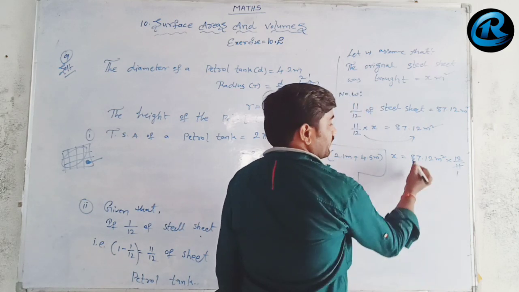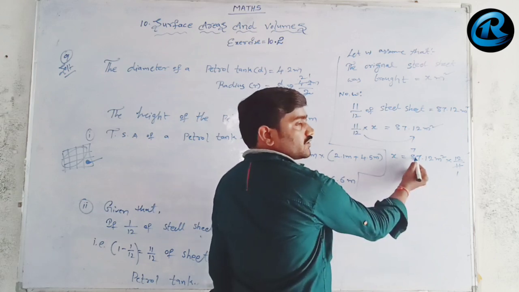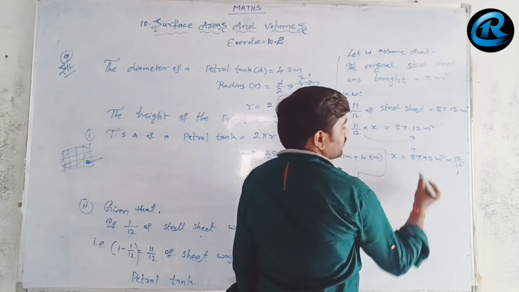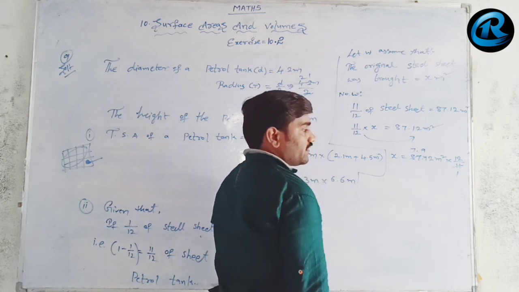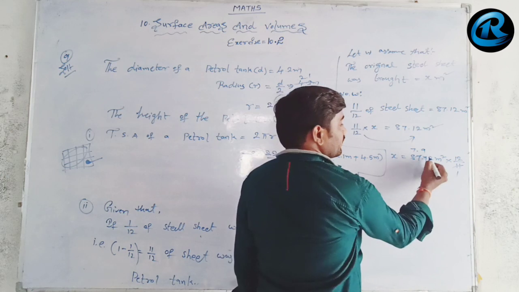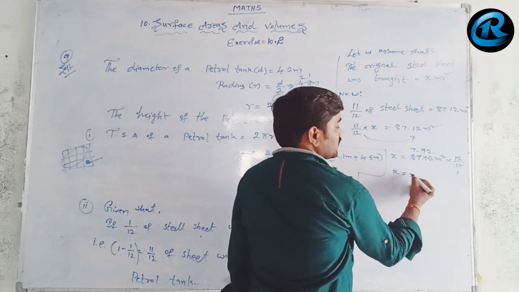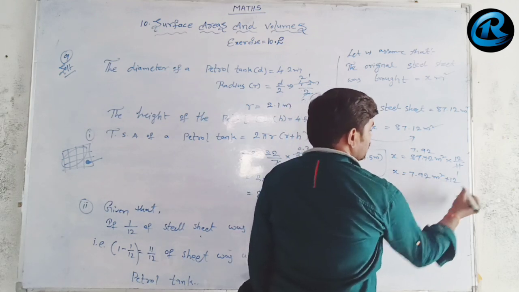11 ones are 11. 11 sevens are 77. So here 10 left, that becomes 101. 11 ones are 11, 11 nines are 99, 2 left, that becomes 22. So 11 twos are 22. x equals 7.92 meter square into 12.